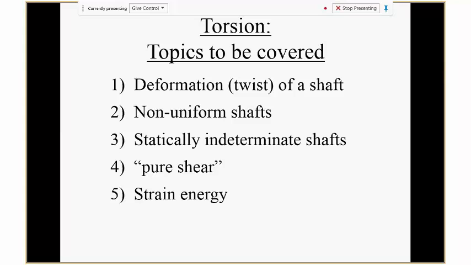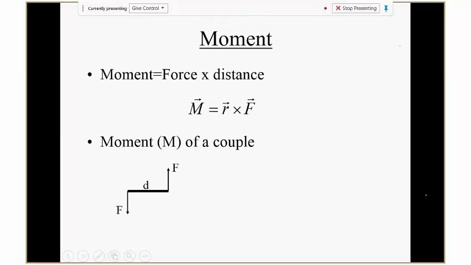Then the indeterminate problem will come up again, so we're going to use the free body diagram again, because you're going to use it again and again. And then we're going to talk about the stress and the strain energy. That's the overall structure for chapter 3. We're just repeating the same kind of practice as chapter 2. It's just that the load is different. The load now is a torque, not a force anymore.